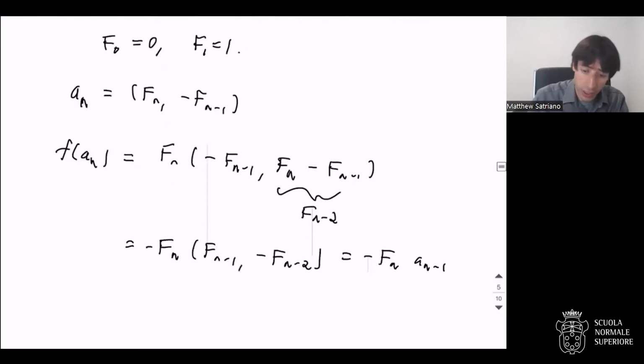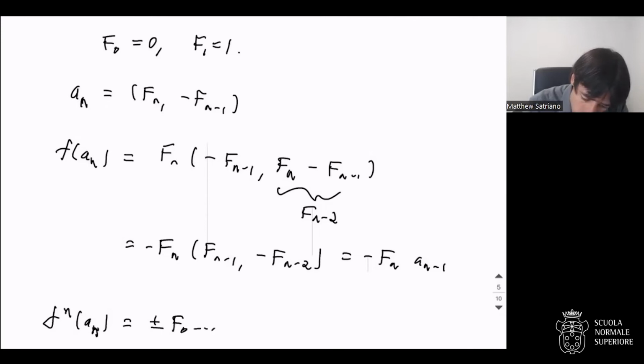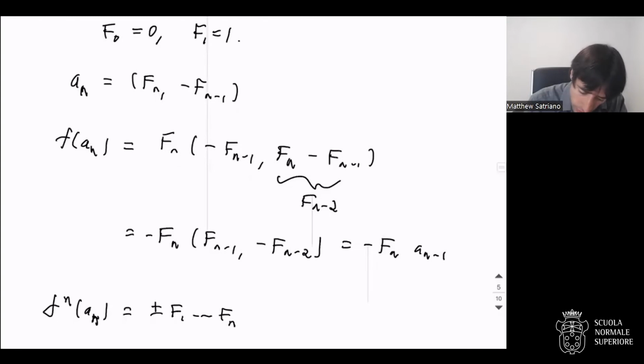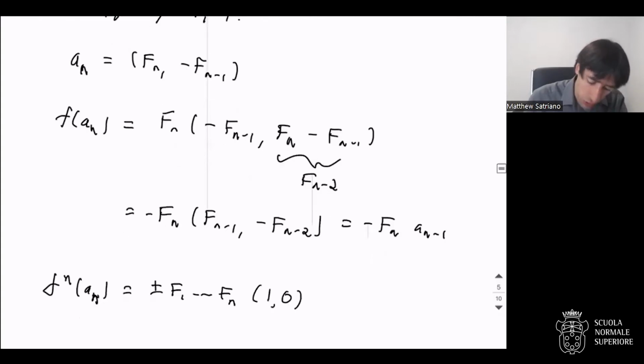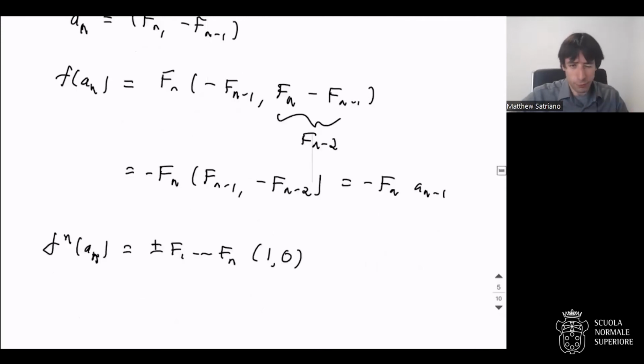All right, so if we iterate n times, we're just going to get plus or minus the product of all the Fibonacci numbers, F_1 through F_n, times a_0, which is (1, 0). And I actually want to apply f two more times to see something interesting happen.